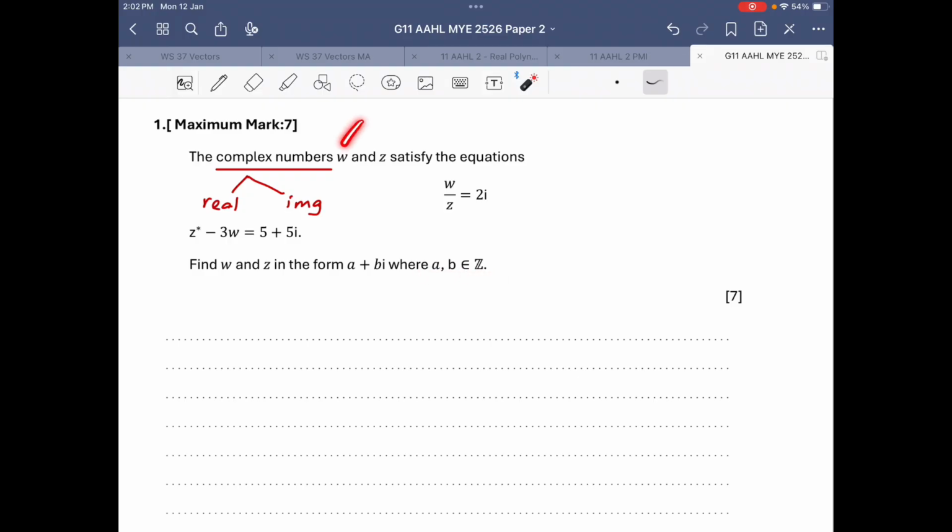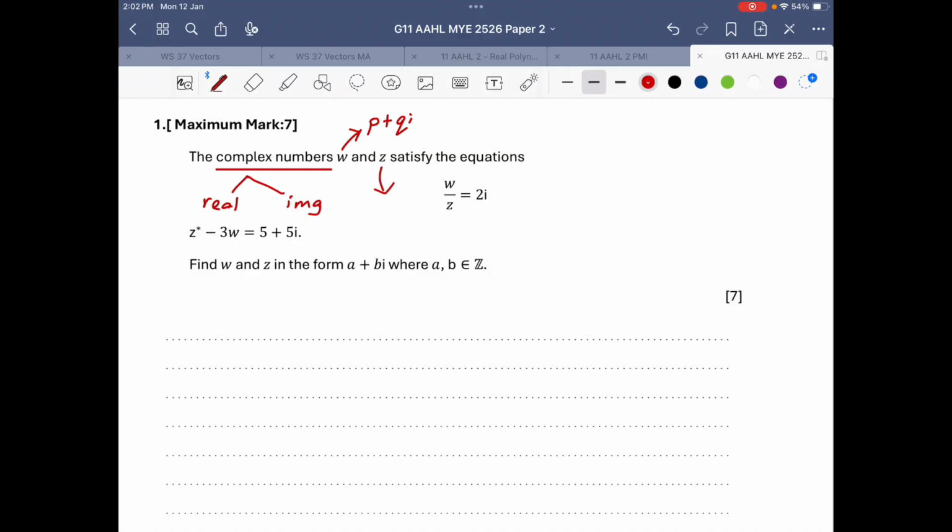Since we do not know the value of the real part and the imaginary part of W, we can let it be variables. Is there any other letters that we can assign? A and B are taken, so we can write P. P is the real part of complex number W, and Q is the imaginary part of it. So let W be P plus Qi.